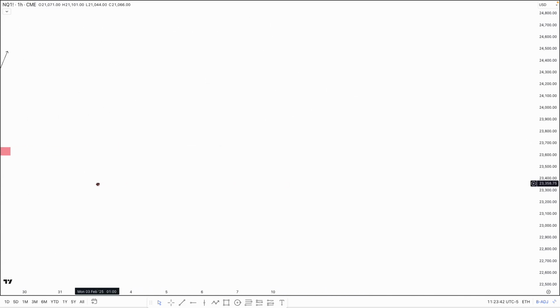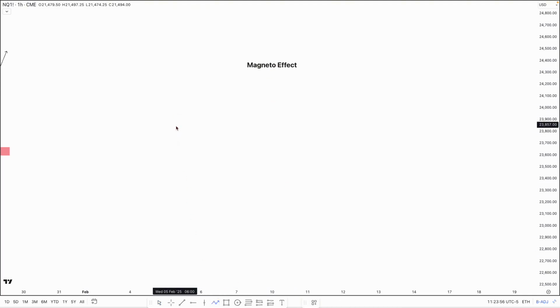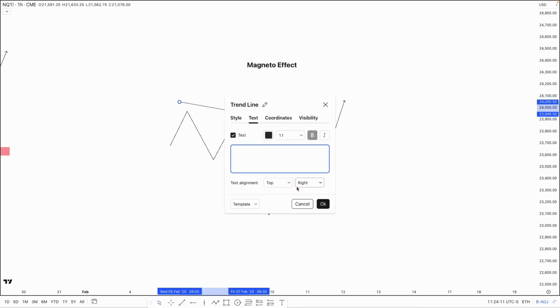One more thing I want to cover is something called the magneto effect. Okay, and the magneto effect is using SMT. So we may have an SMT and we trade lower and we form another SMT. So it will look something like this.